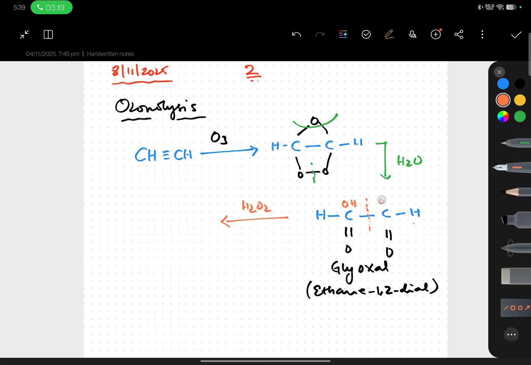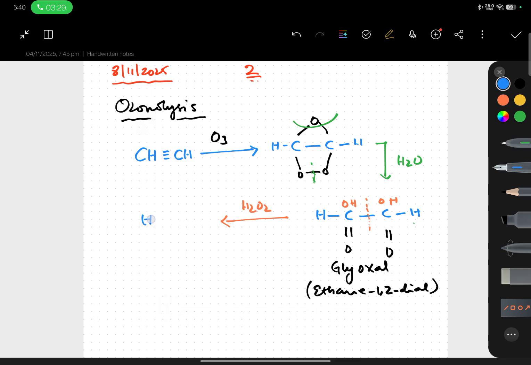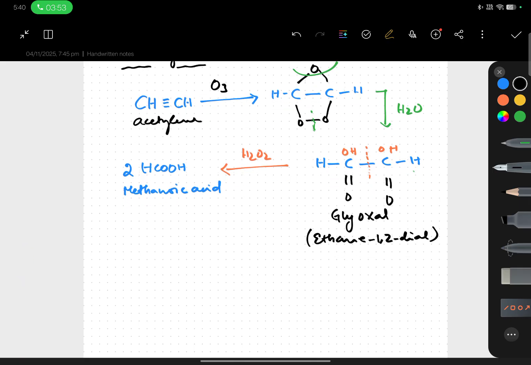One OH adds here, another OH adds, so you'll get HCOOH twice, which is nothing but methanoic acid. The IUPAC common name of ethyne is acetylene.